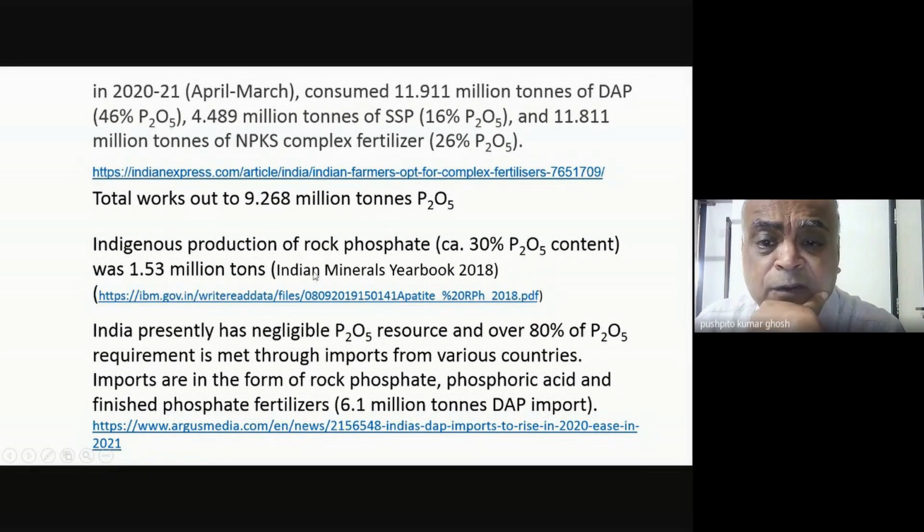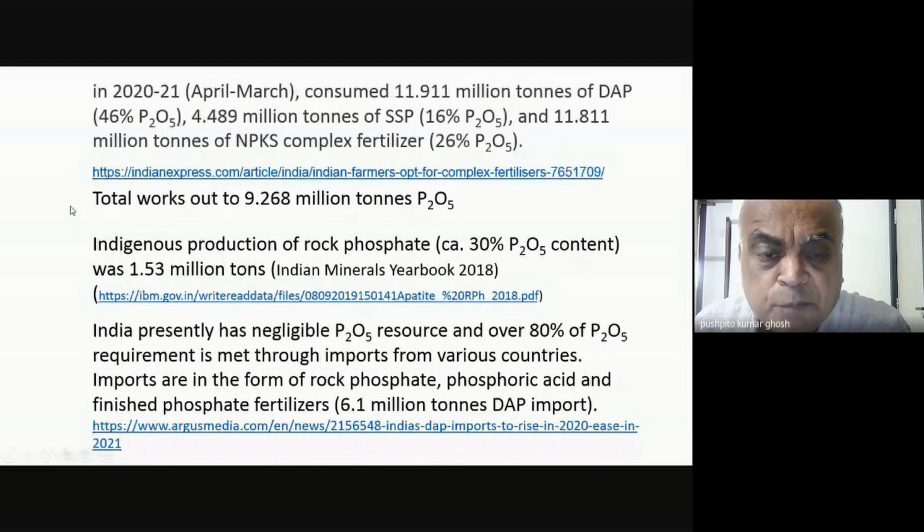It is verified even from the Indian Minerals Yearbook, these mines that we have in Rajasthan, some in Madhya Pradesh. And the P2O5 was about 30%, which means we are talking about maybe about 500,000 tons of P2O5 from the indigenous rock, which means that something like 8.5 million tons of P2O5 must have come from elsewhere.